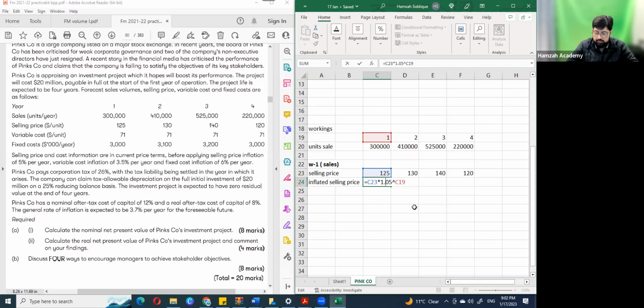Is it clear? I hope. Now, simply drag it for every year's selling price.